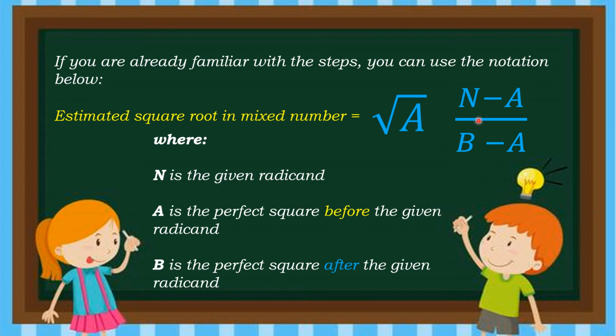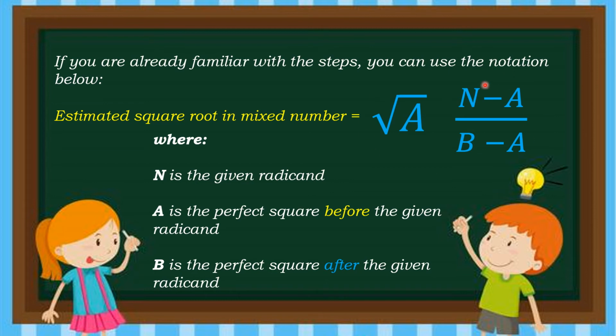Ano daw ibig sabihin ng mga notation na to? Pag nakita nyo tong A, ibig sabihin ng A is the perfect square before. Siya yung perfect square bago yung given radicand. Pag nakita nyo yung N, ibig sabihin nun yun yung given radicand. Every time nakita nyo yung B, ibig sabihin yun yung perfect square after.